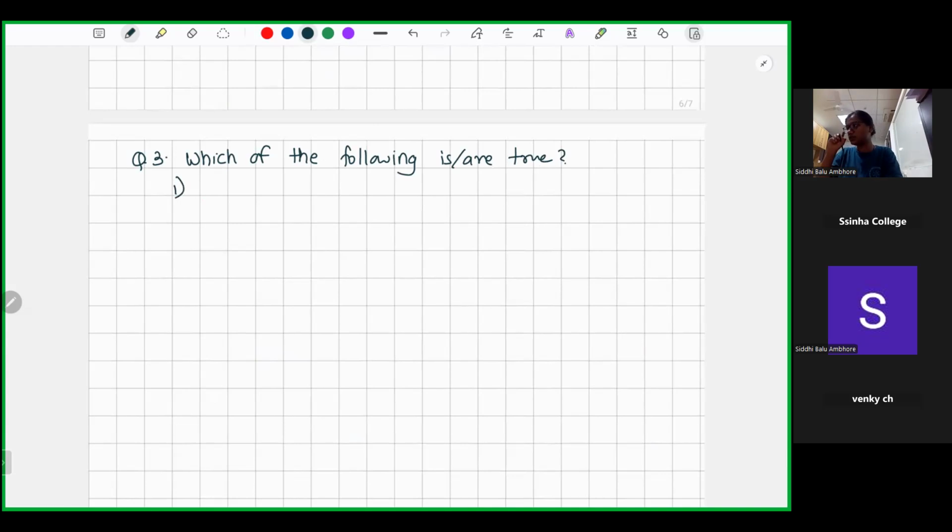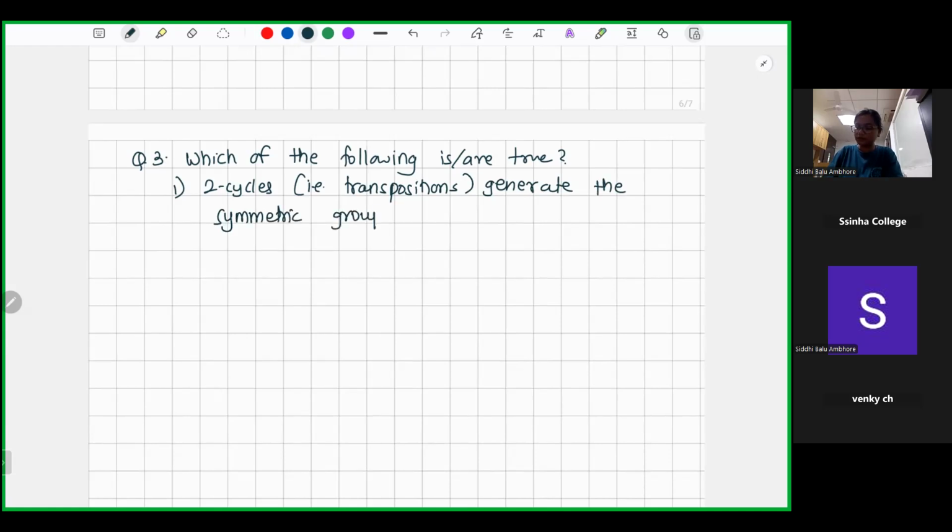First one is two cycles, that is transpositions, generate the symmetric group Sn for n greater than or equal to 3.